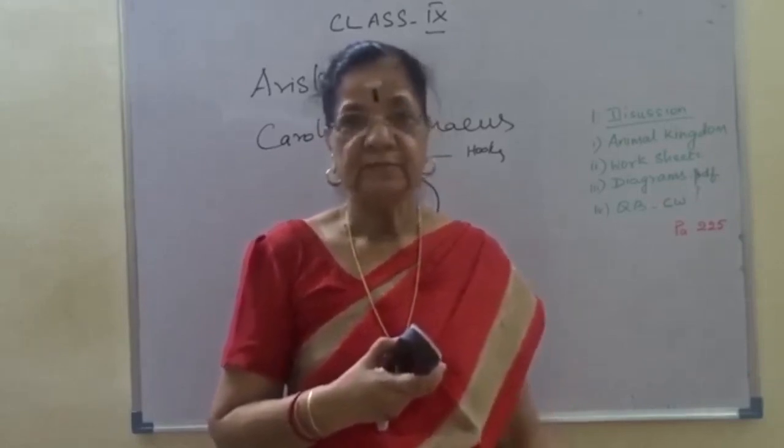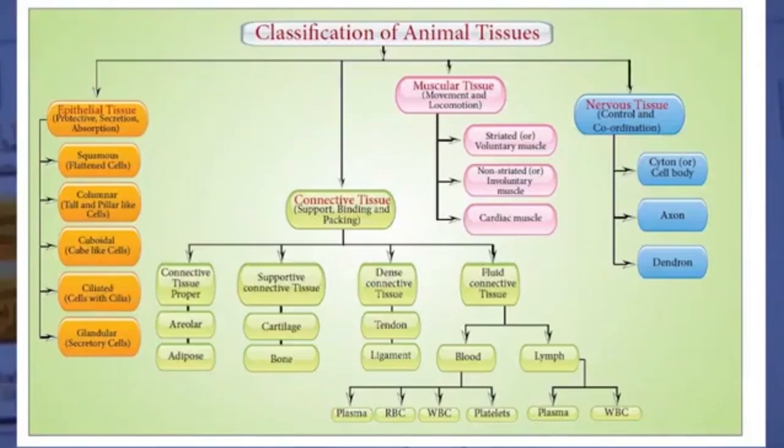We will continue with animal tissue. We are talking about chapter 18, organization of tissues. In the previous class we described plant tissues; the next one is animal tissues. Cells are the structural and functional unit of life.